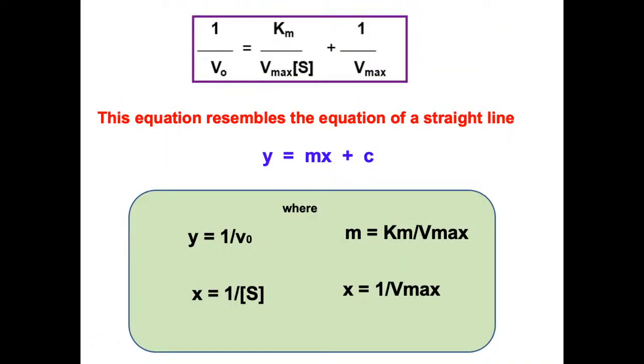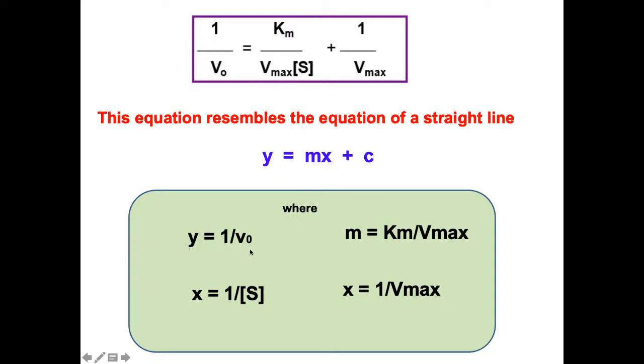So this equation resembles the equation of a straight line, Y equals mx plus c. This 1 by V naught will be your Y, this Km by Vmax will be your slope m, 1 by S will be your x-axis, and 1 by Vmax will be your intercept c.